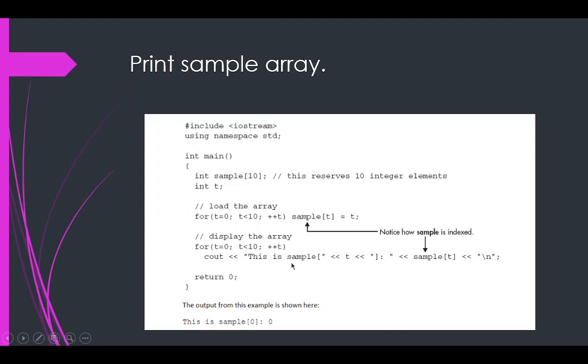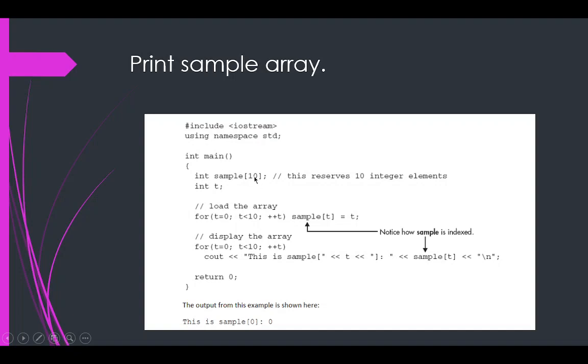When we want to loop or load each and every value within the array, we are going to use a for loop: for int t starts from 0, and if t is less than 10, we add 1 to t, and then we print out sample t, maybe sample t1.